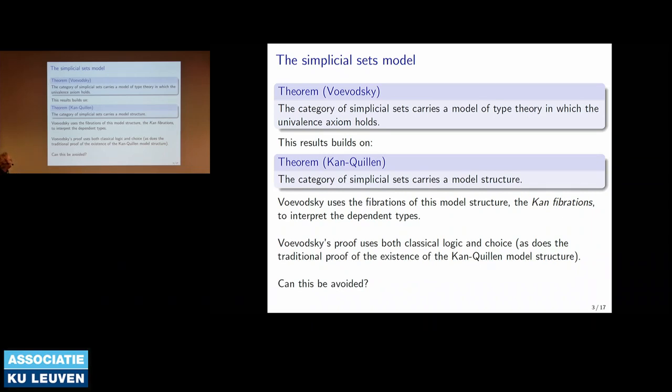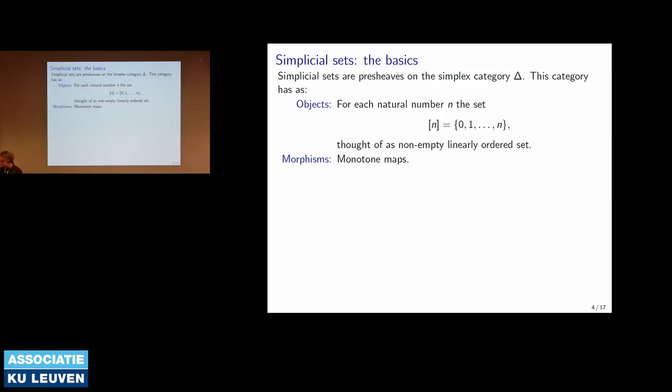So the question that was also of interest to many people in the community, and was discussed especially in Princeton, is: can all of this be avoided? Before I go into that question, let me very briefly remind you of all these important ingredients, in particular the basics of the theory of simplicial sets.